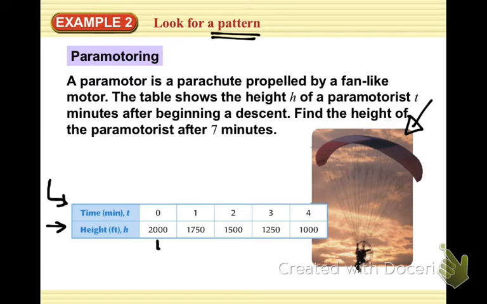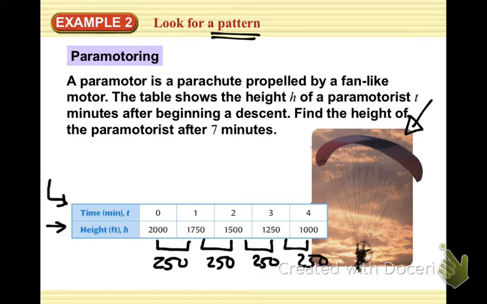So if we say between 2000 and 1750, that's a difference of 250. And then 1750 to 1500 is also 250. Again, a difference of 250, and 1250 to 1000 is 250. So that's our pattern.